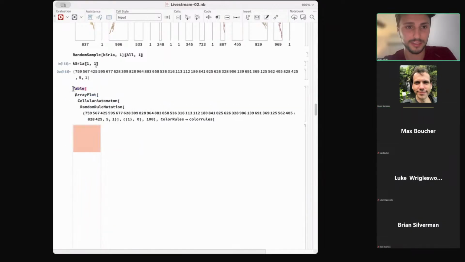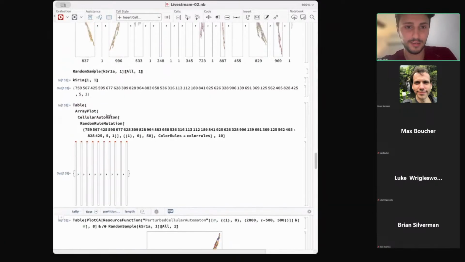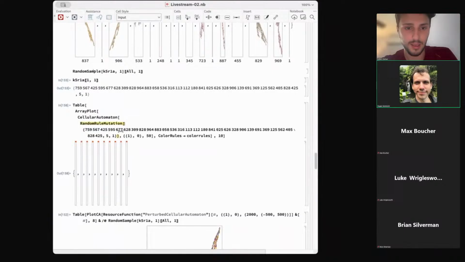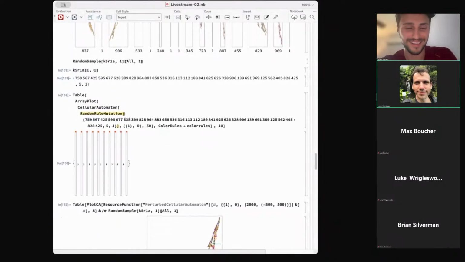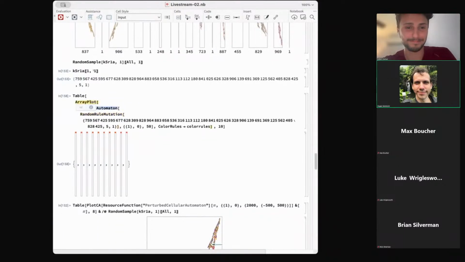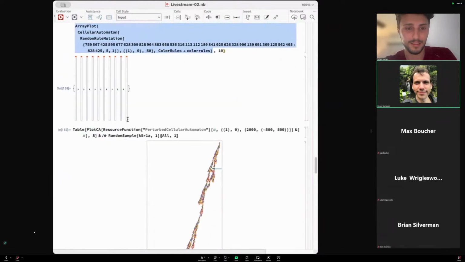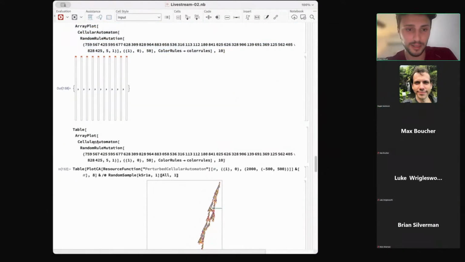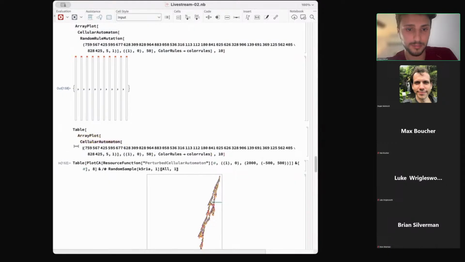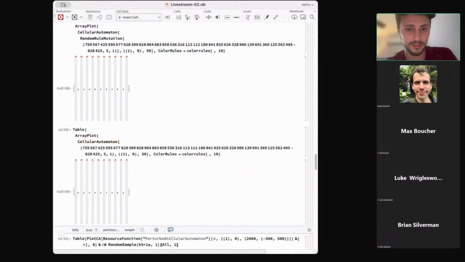Let's see what happens if we just do this. Huh. Should I be using maybe a different rule? I don't know, it's possible that this is just not working.